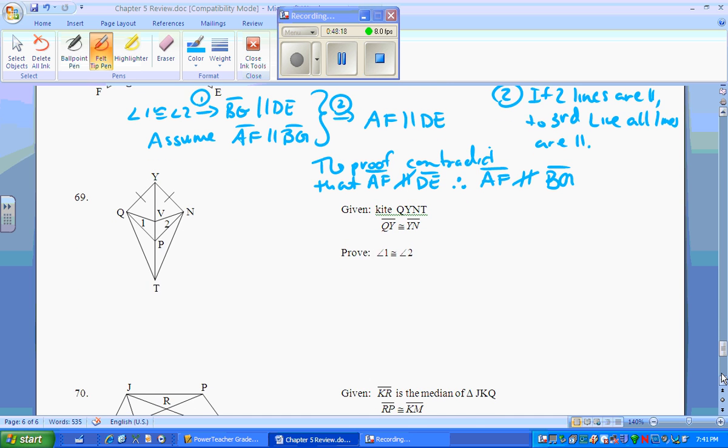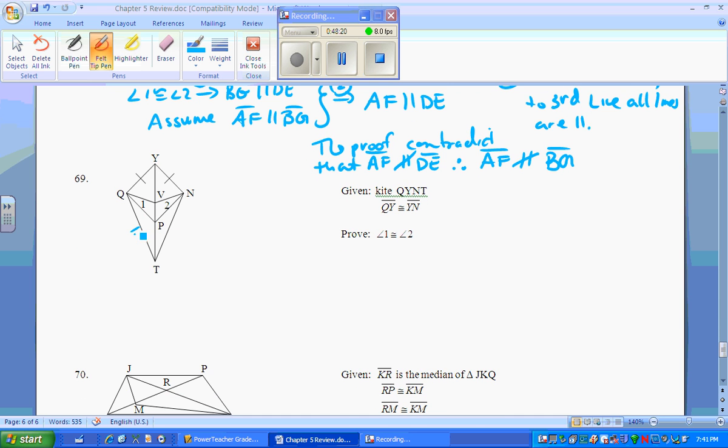And last but not least, 69. If this is a kite, you know these are congruent, you know that there's a perpendicular bisector inside, you know that these sides are congruent here. Your goal is to get angle 1 is congruent to angle 2.